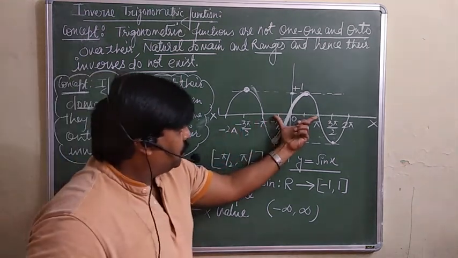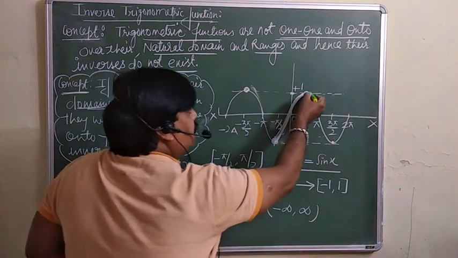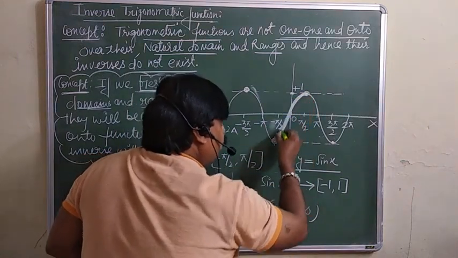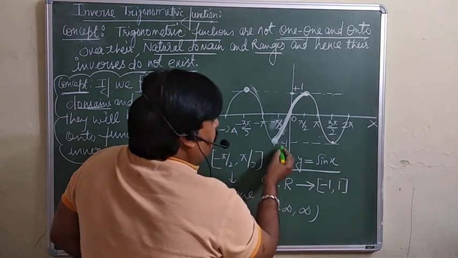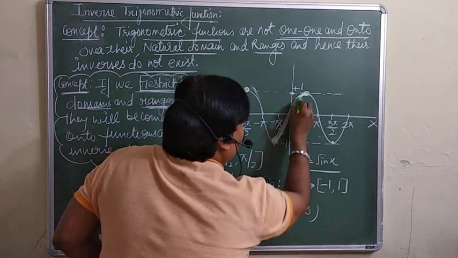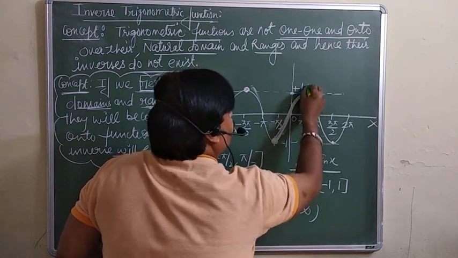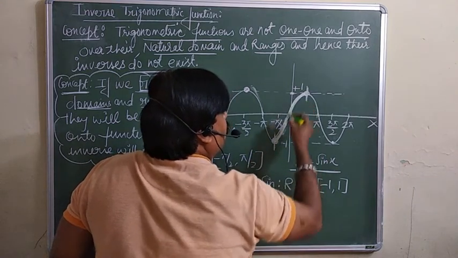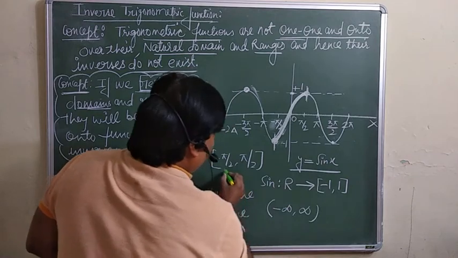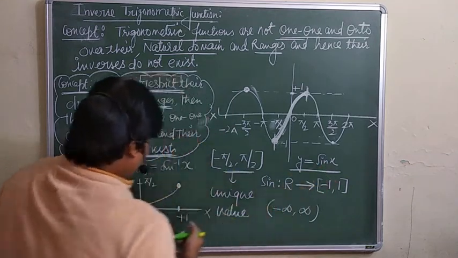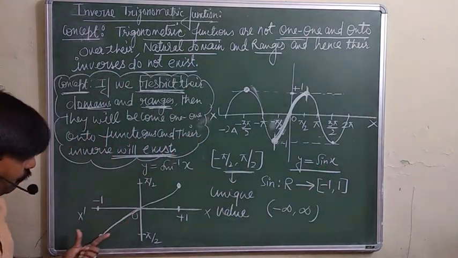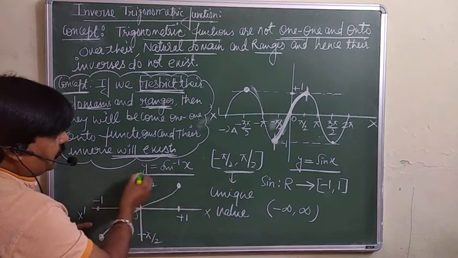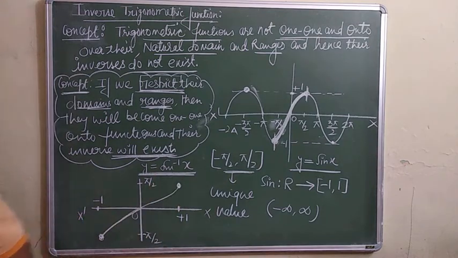So we can take the inverse of sin x in this portion from minus pi by 2 to plus pi by 2, where you get a unique value for every value we put in this function. So you will get the graph for y equal to sin inverse like this. Have a look.